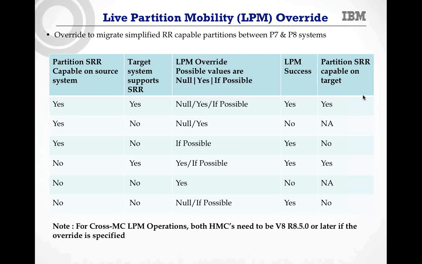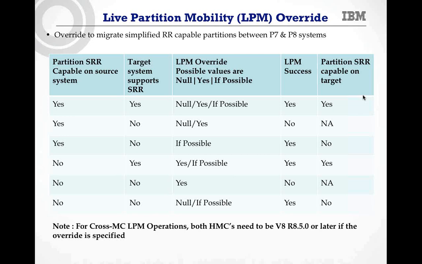What we're trying to do in this chart is this: the first column is whether you have SRR capable or not already set on your LPAR. The next column is whether you're trying to move to an SRR capable system or not. The third column is what you set require RR to. Null means you don't set it at all. You don't even specify it on the command line. Yes is you set it to 1, and 2 is you set it to if possible.